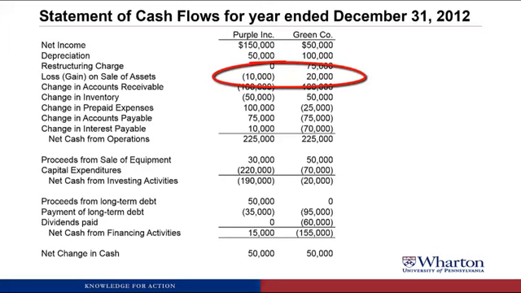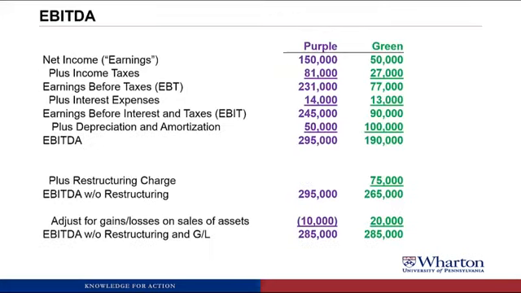That's part of earnings, but it should be an investing cash flow, so we need to take that out as well. So why don't we adjust for the gains and losses on asset sales? And when we do that, then we get EBITDA that's identical between the two companies. Although, I guess since it's EBITDA without the restructuring and the gains and losses, we should call it EBITDARGLE.